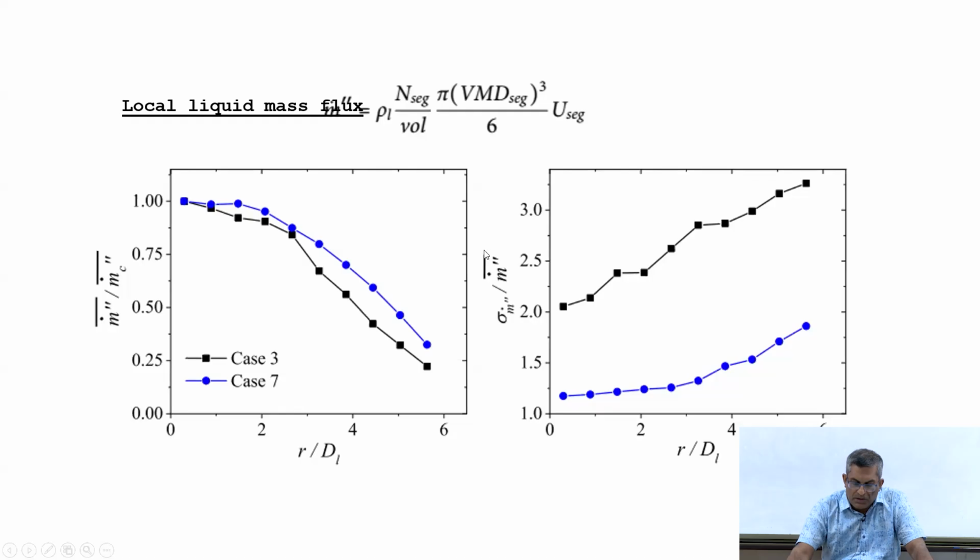And also we can calculate the fluctuations in the mass flux. Mass flux, as we have seen from the beginning of the course, is a very important quantity because it tells you how much liquid is present in your spray. And measurement of only particle size and particle velocity won't give you this information.